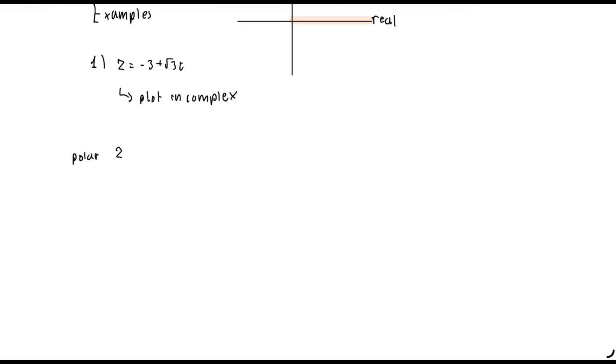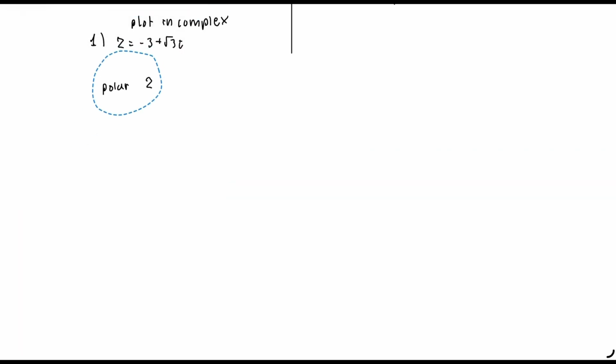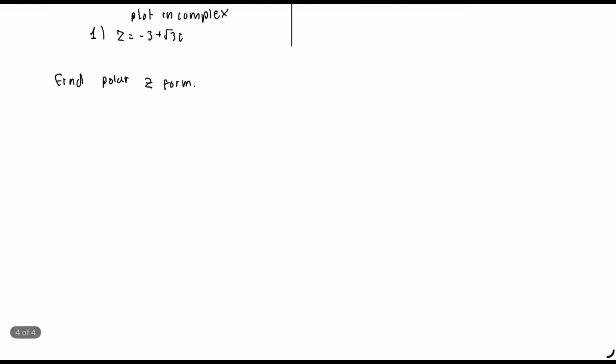First, we want to identify x and y. So this is x and this is y. So going left on the real axis, and then we're going to go √3 on the imaginary axis.